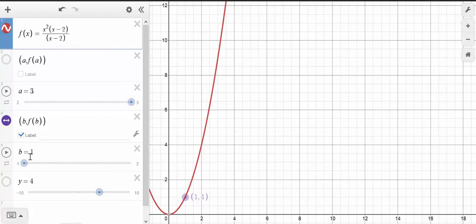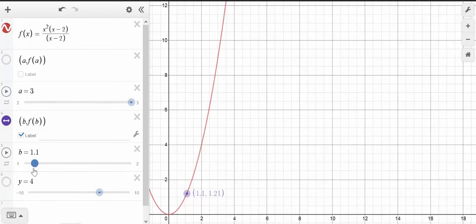In other words, let's suppose that I increment b by tenths. See? So here's x equals 1, x equals 1.1, x equals 1.2, and so forth. What we're trying to figure out is, what y value is being closed in on as we approach from the left, as we increment by tenths in this case. We can increment by hundredths or thousandths, but just by tenths here.